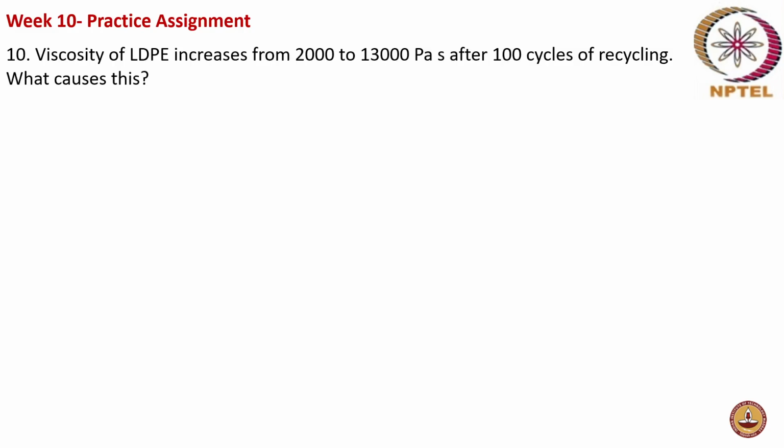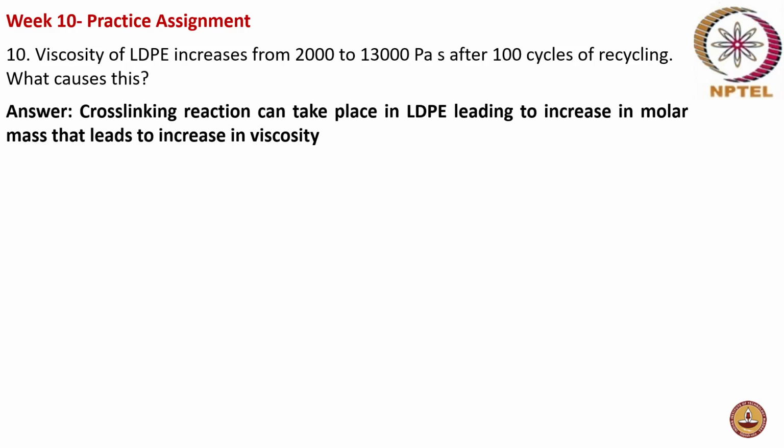Next question. Viscosity of LDPE increases from 2000 to 13,000 Pascal seconds after 100 cycles of recycling. What causes this viscosity increase? The reason is that a cross-linking reaction starts taking place in LDPE, leading to an increase in molar mass.